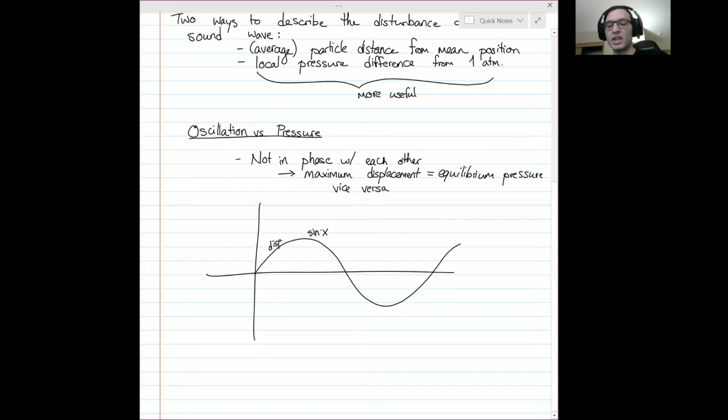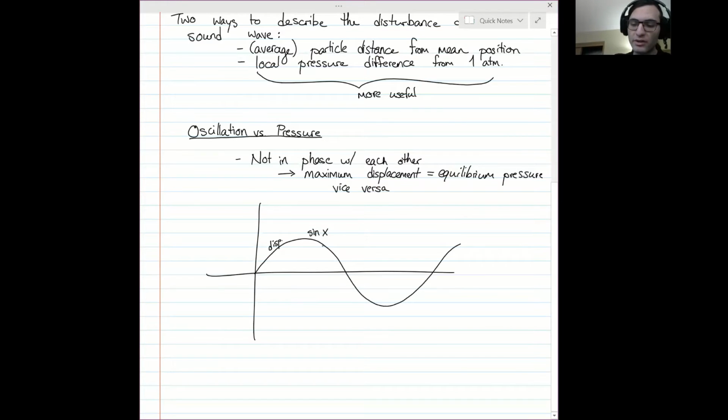we see that the pressure is maximum when the displacement is, let me make sure I get this right. The pressure is maximum when the displacement is going down and it's at equilibrium.